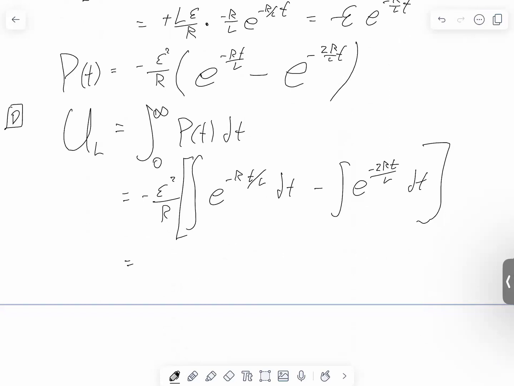I'm sorry. As I said, stay positive. Energy dissipated, stored by the inductor is a positive number. Must have goofed somewhere.